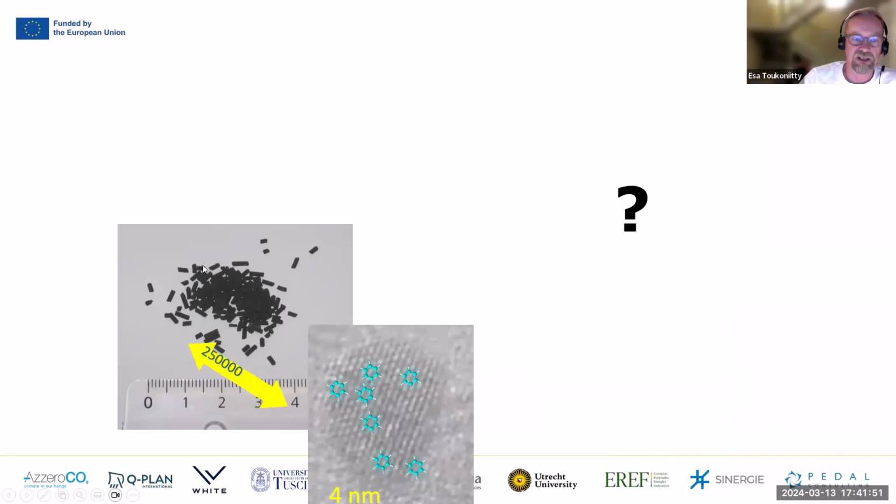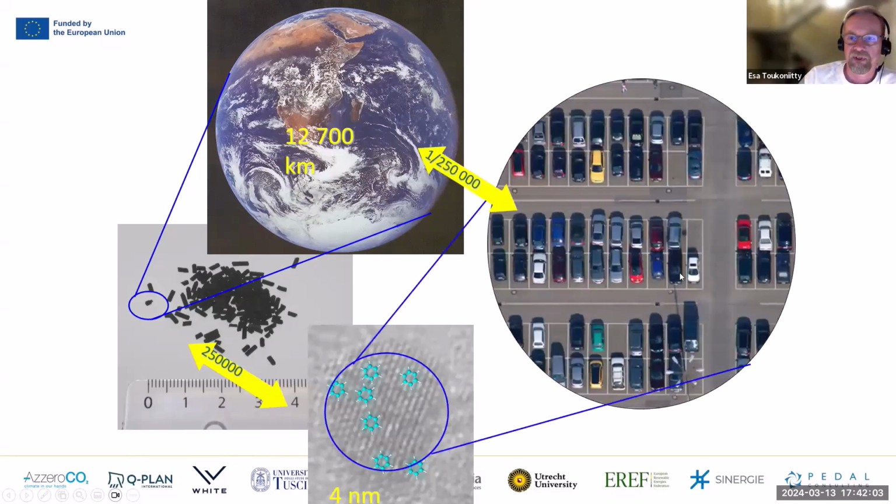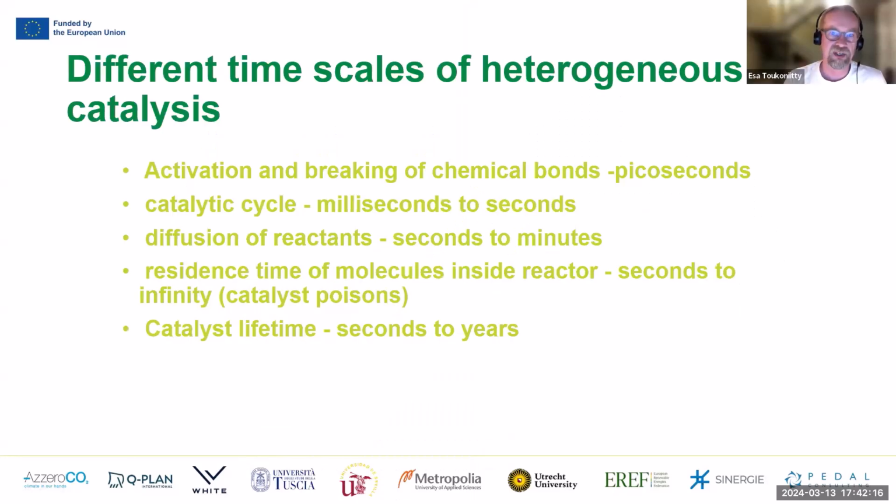If you scale the extrudates as our Earth, it would be the same as an astronaut looking for a parking place in front of a supermarket from the Earth's orbit. So there is quite a big difference in understanding the scales of where catalysis takes place.